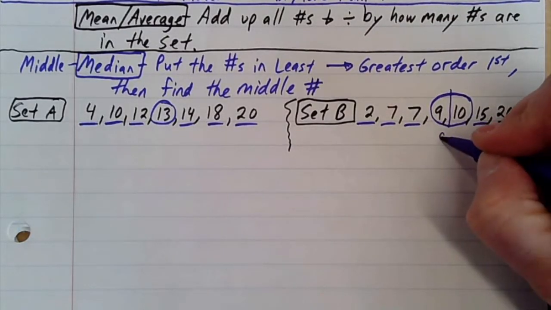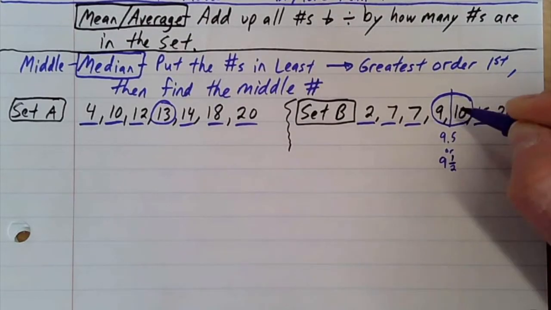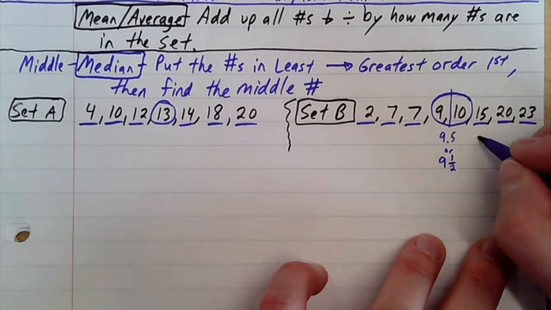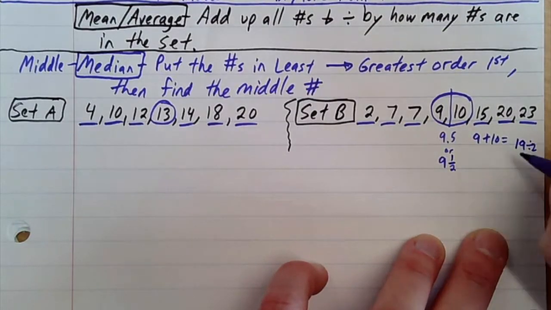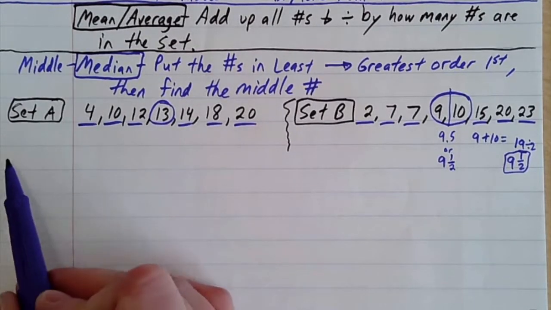Some people can see that it's 9.5. If you're not sure what's in the middle of them, you would add the two numbers together and divide by 2. So you would add 9 plus 10 together, which is 19, and when you divide 19 by 2, you're going to get 9.5. With this particular standard, you can use a calculator as well.